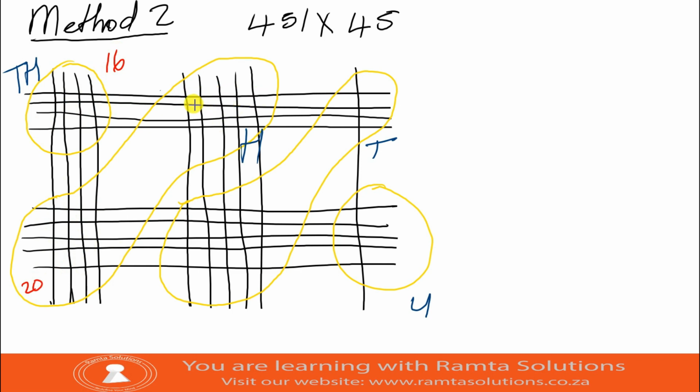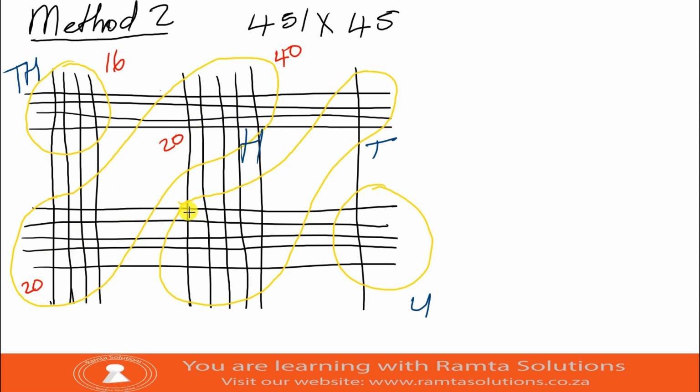So this is 5, 10, 15, 20. So this is 20. 20 plus 20 is 40 intersections in total. You don't have to write these inside the intersections. I'm just writing them so you get an idea of what we're doing.